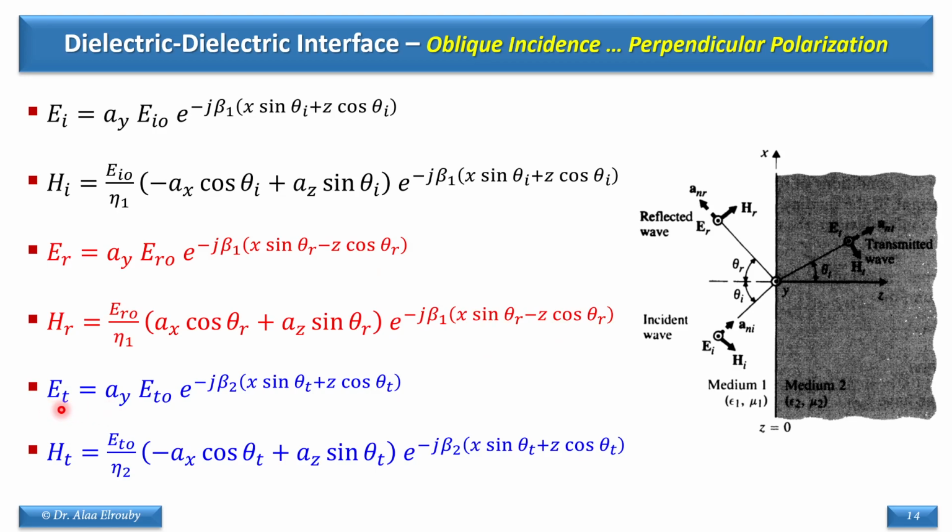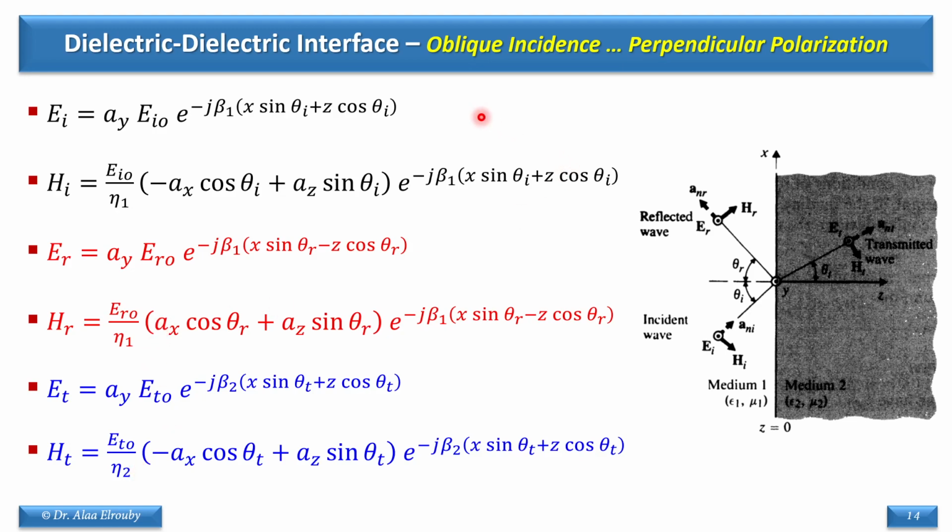Writing E transmitted, it's very important that it's a different angle: theta R equals theta I, but theta T is different. Also it's very important to remember that this is beta 2 because it's in media number 2, and this is eta 2 for media number 2.